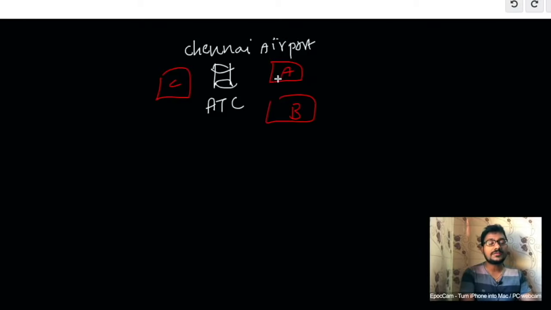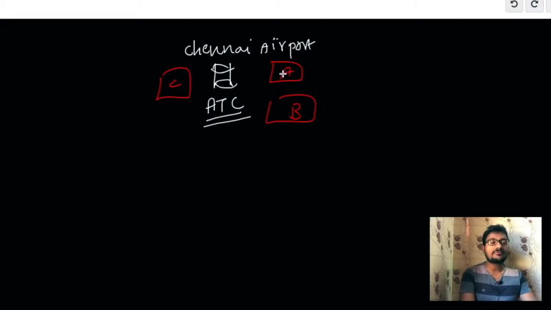So here, if A, B, C are trying to land on a particular pathway, ATC will intimate A, B, C that three planes are trying to land on that pathway, so please try to be safe. And then ATC will guide the planes which one needs to be landed first, and then next, and then the third one. So here ATC, the air traffic controller, is playing a major role.